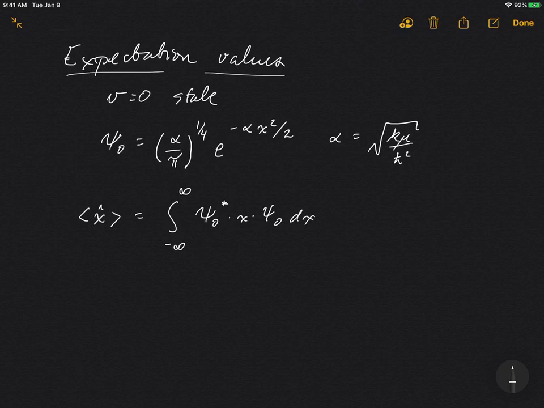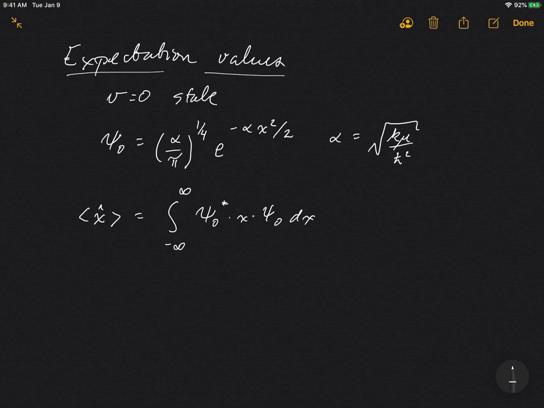Now here we can look at our system from a symmetry perspective. Psi 0 is an even function, and we have an integral from minus infinity to infinity. I think that's an important thing for this consideration of even and odd: there needs to be a symmetric integral over space.